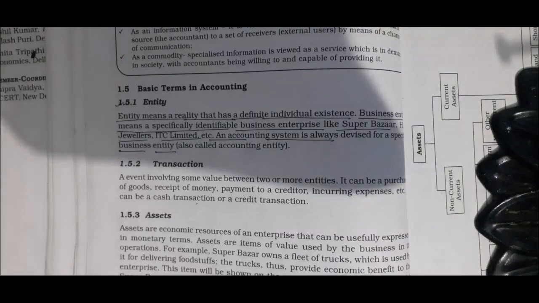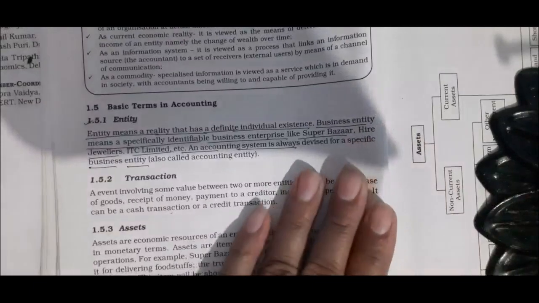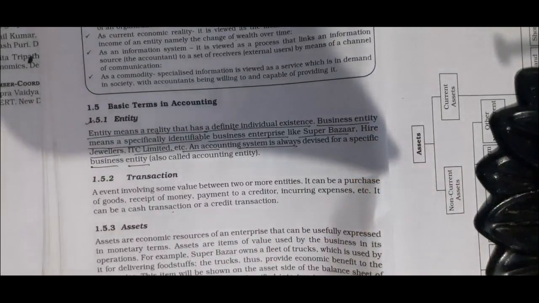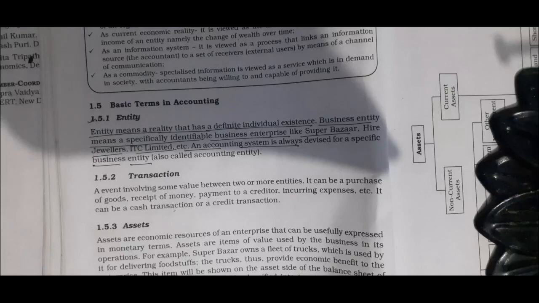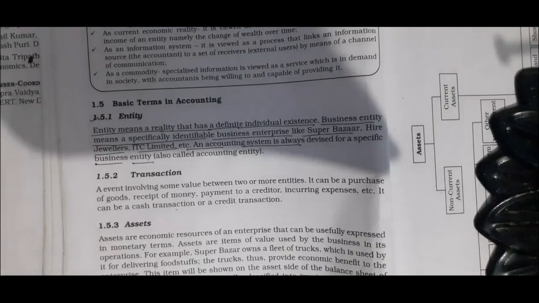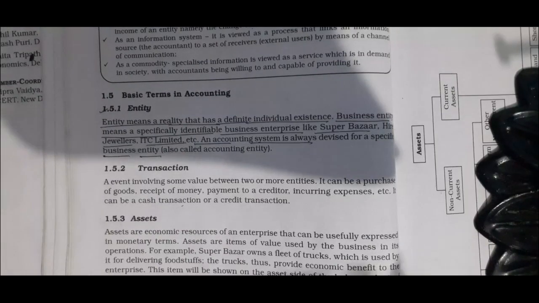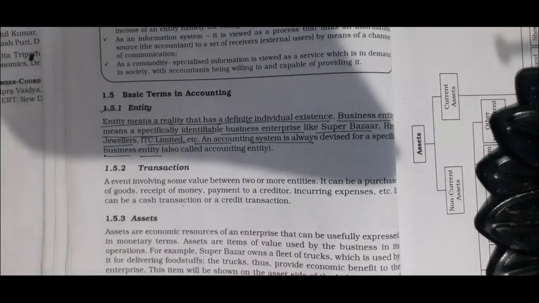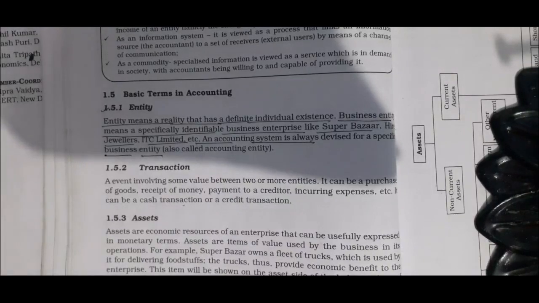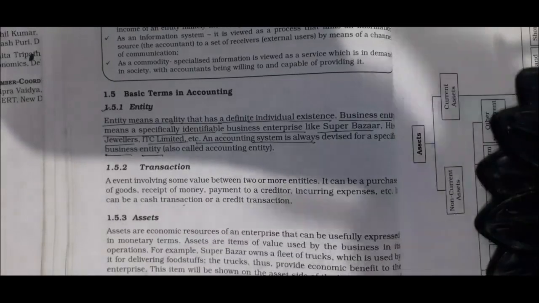First, entity. Entity means a reality that has a definite individual existence. Business entity means a specifically identifiable business enterprise like Super Bazaar, Hire Jewelers, ITC Limited, etc. So children, everybody has their individual existence. All the firms have their individual entity, and every person has their individual entity in physical existence or physical presence.